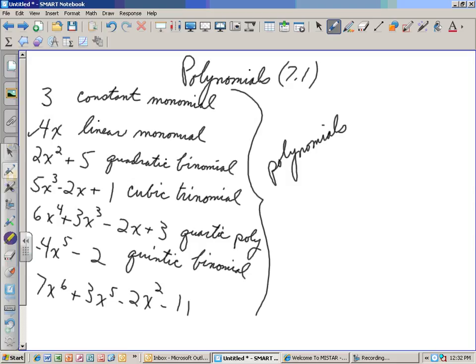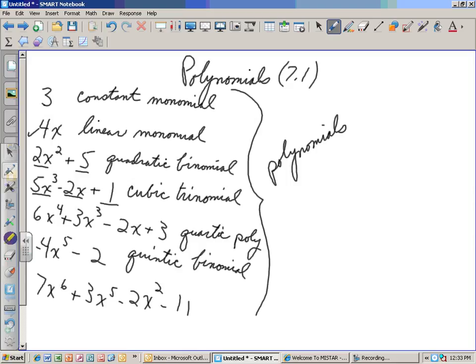In this third example, 2x squared plus 5, that's two terms. 1, 2. So it's binomial. In this one, 5x cubed minus 2x plus 1, we have three terms. We have 5x cubed, we have negative 2x, and we have 1. Three terms, trinomial. Okay? Yes?